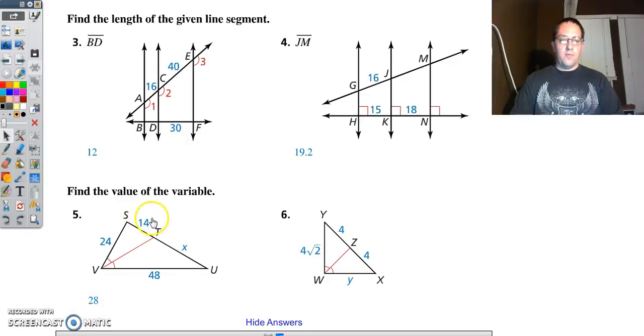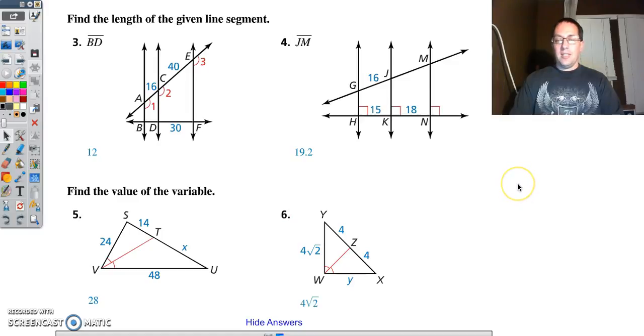The proportion here is 14 over X equals 24 over 48. Alright. So you need to make sure you have that set up right. And the last one, 4 square roots of 2. Again, 4 over 4 square roots of 2 and 4, well, they're the same. 4 over X would also be 4 over square roots of 2.